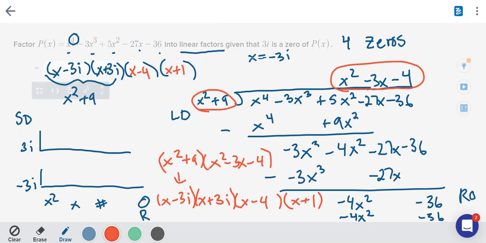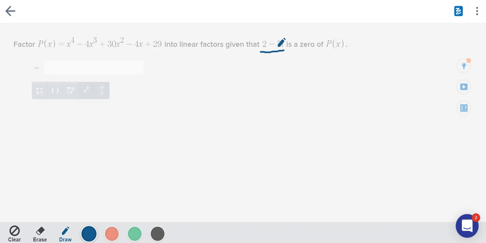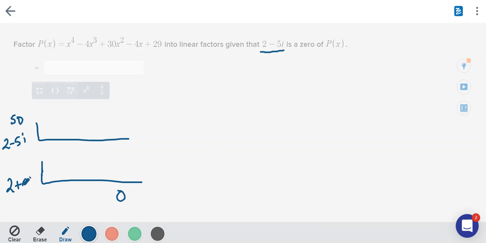All right, let's do the last one, which is kind of similar, except we're still doing linear factors, but this time we have a kind of trickier zero. So I could do synthetic division, but yikes, I just don't think that I want to do synthetic division with this complicated of a zero.